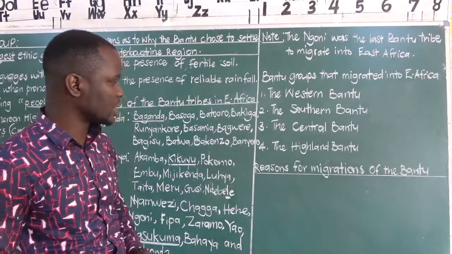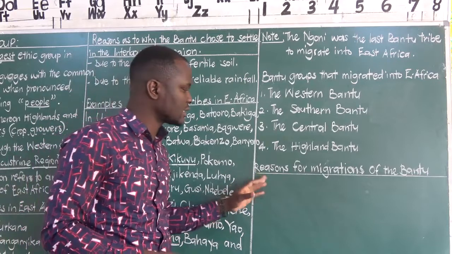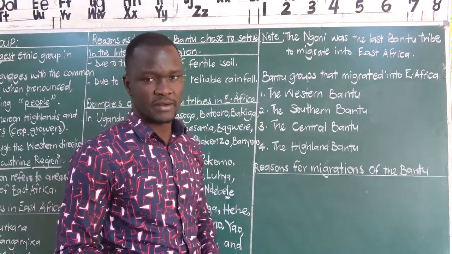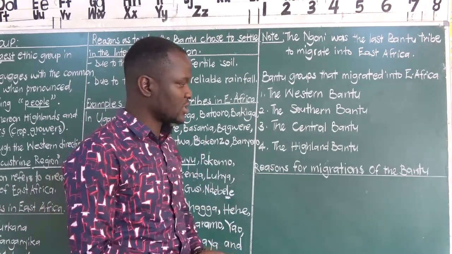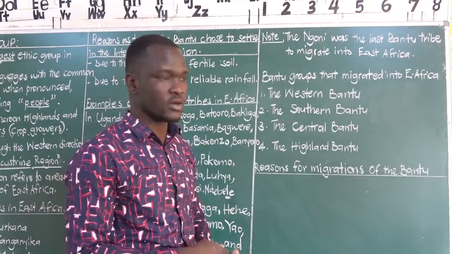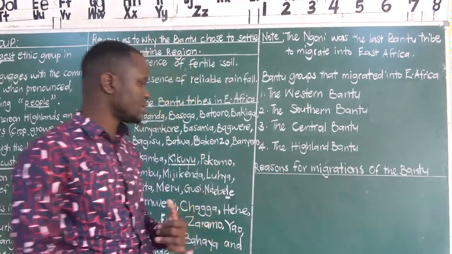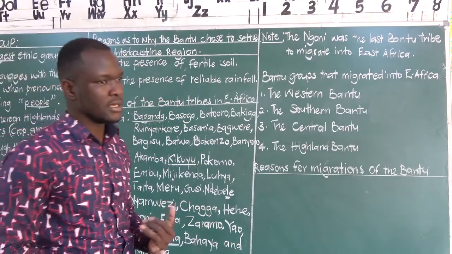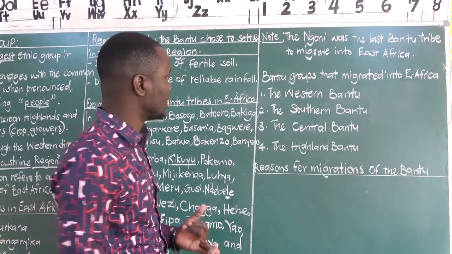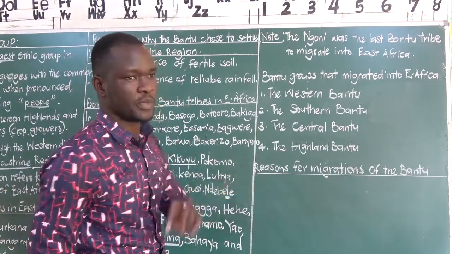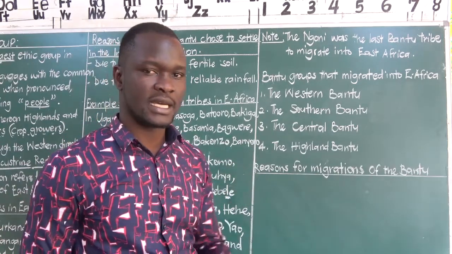Next in the discussion, we go to discuss the reasons for the migration. As I already told you in the previous ethnic groups, what is very important is to identify the major occupation. Now we are looking at the Bantu, and the major occupation was cultivation.